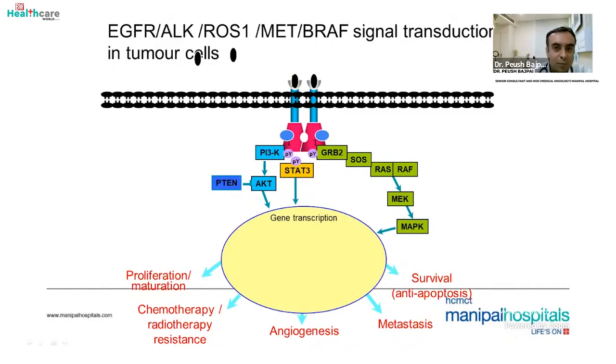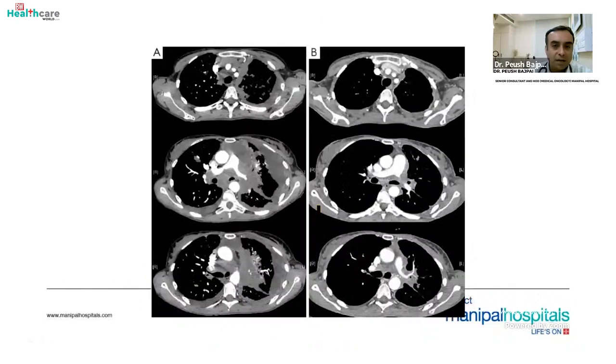But if you can block this particular binding over here, and that is what is happening, these particular tablets stop the binding of these particular proteins, then the cell cycle actually stops, and the proliferation does not take place.